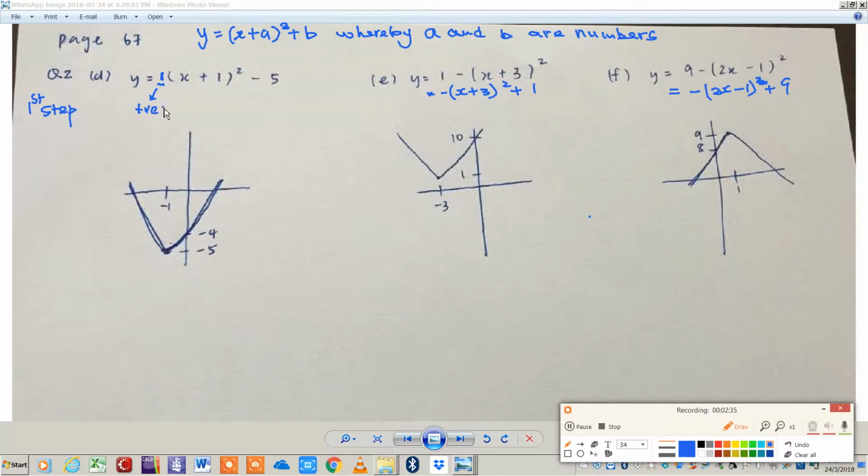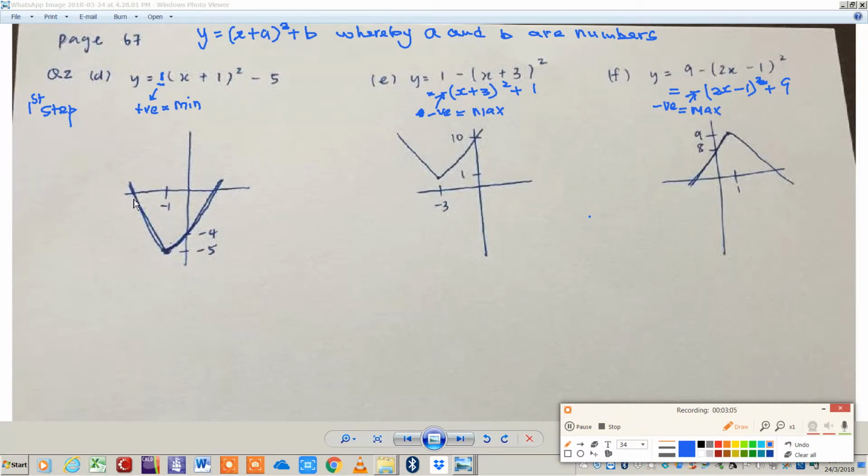So positive means it's a minimum graph. This one is negative, so this is a maximum graph. This one is negative again, so this is a maximum graph.